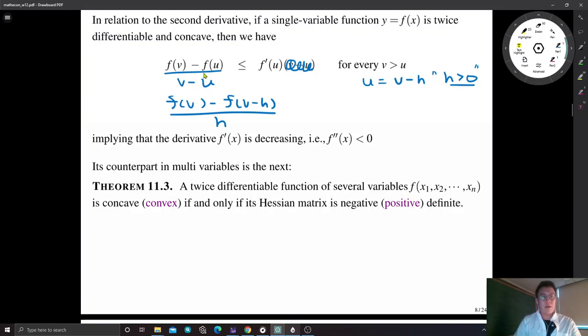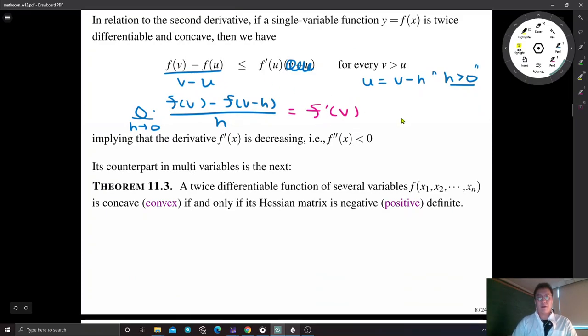And then take the limit as h goes to 0. Because the right side is just f prime of u, that is independent of h. So we still have this inequality, but the left-hand side, as h goes to 0, converges to the derivative of f at point v.